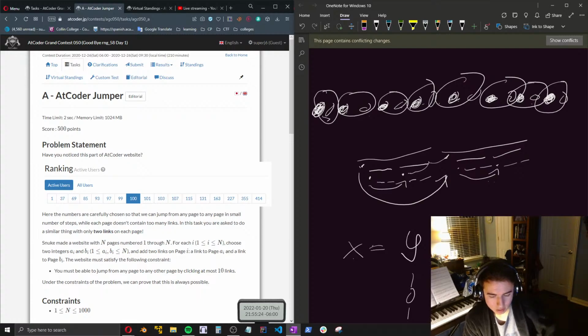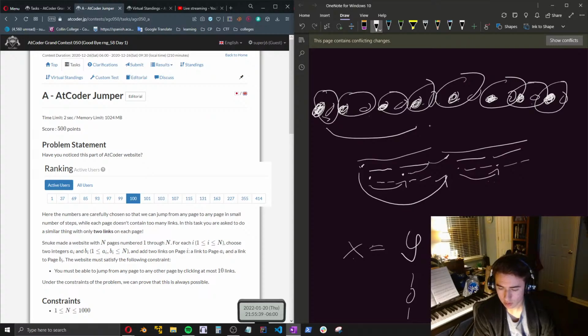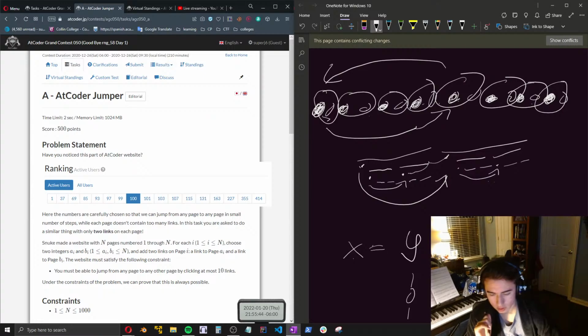Each of these can be a single node with one output, one outward, and one inward. First off, say you got two, so we're going to go like this. And you got two.